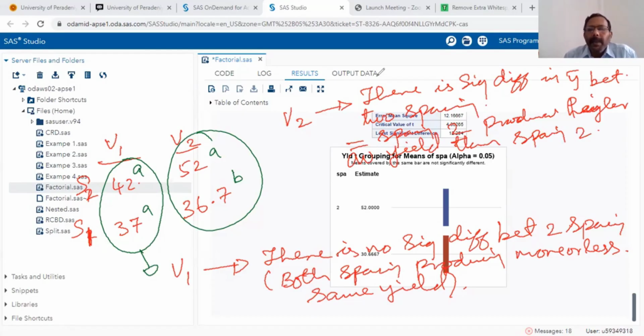That is how we interpret. So you see, the statements are two different statements. That is why we call it an interaction.